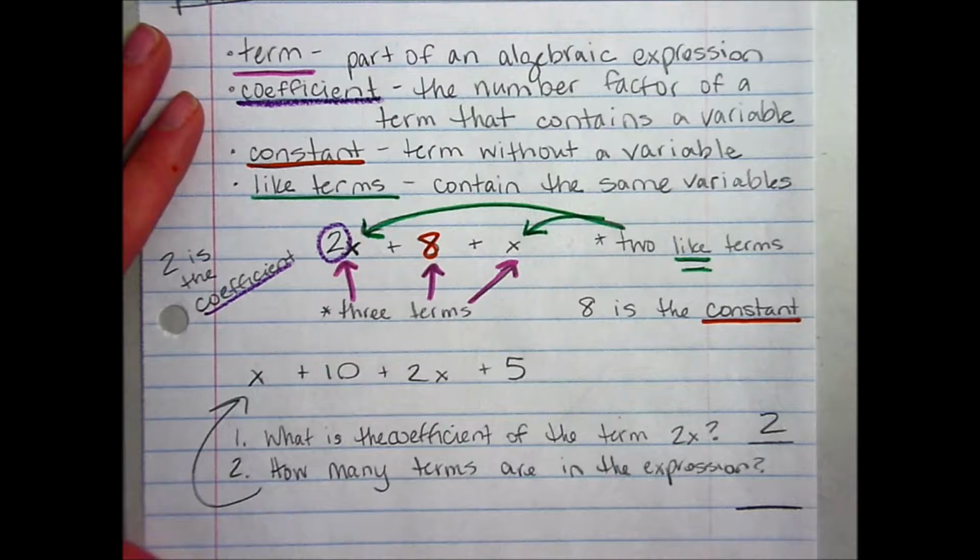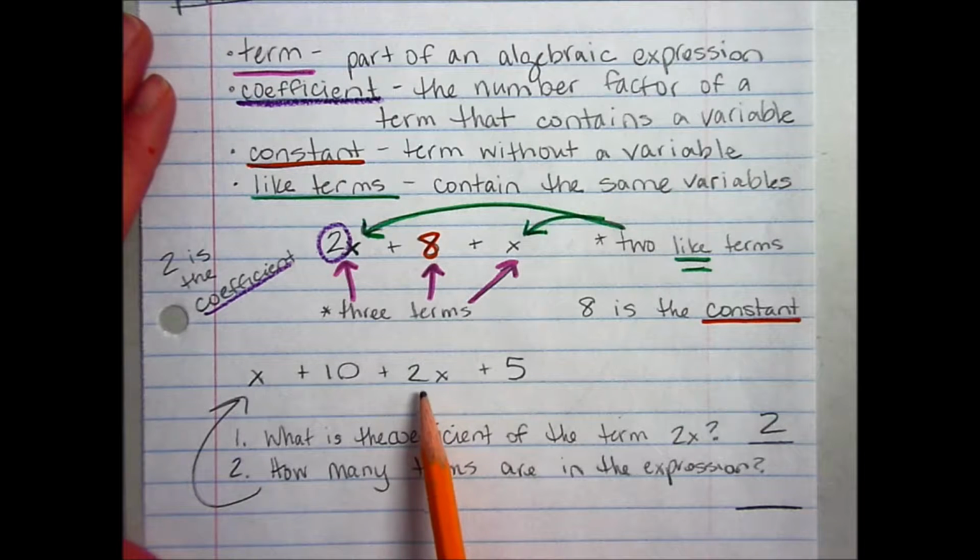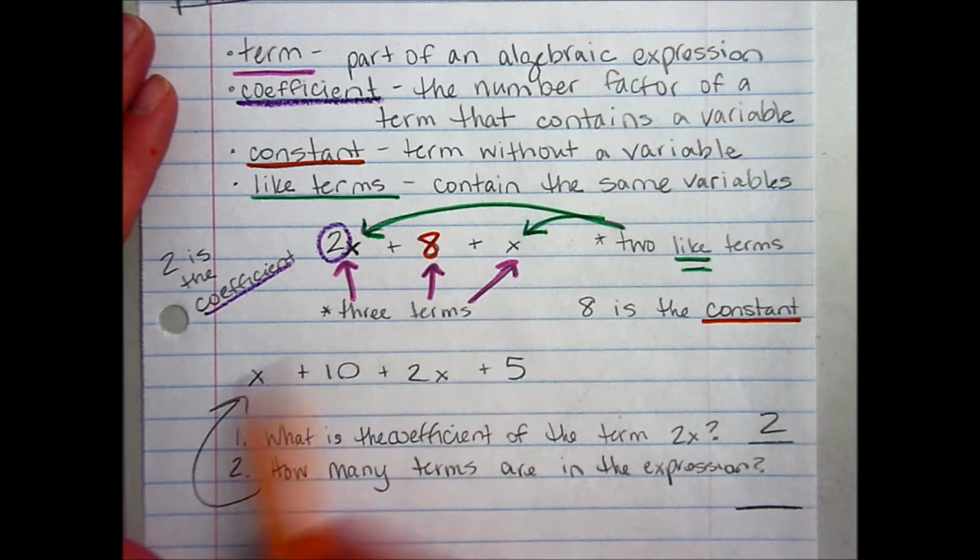Jay? I have a question. I don't understand what coefficient is. It's just that when you have a number and a variable together, this number is called the coefficient, this is called the variable. It's just another vocabulary word really to give to that part of the term. So how many terms are there in this expression? Each piece is a term.